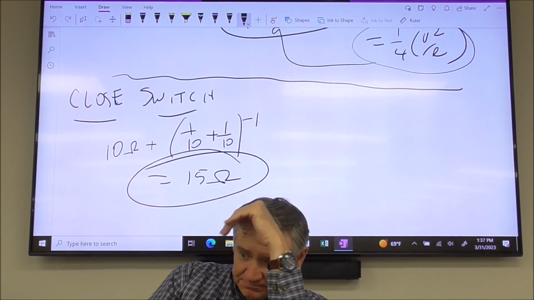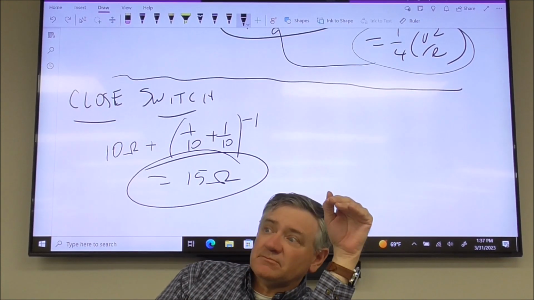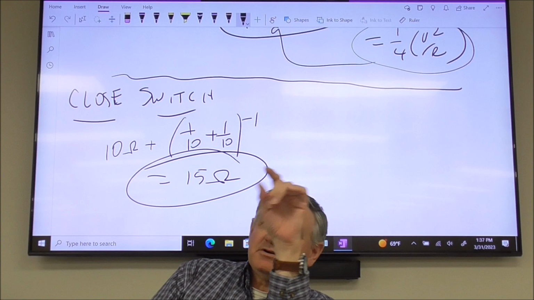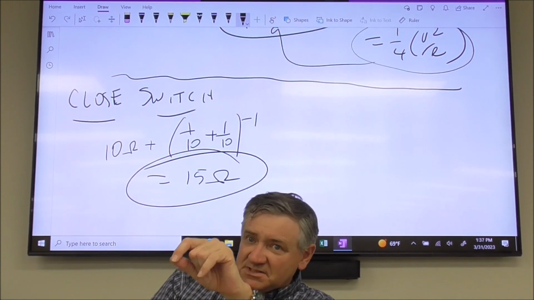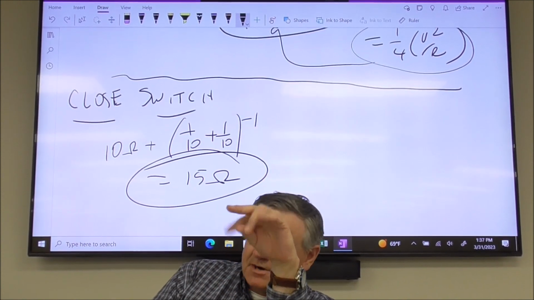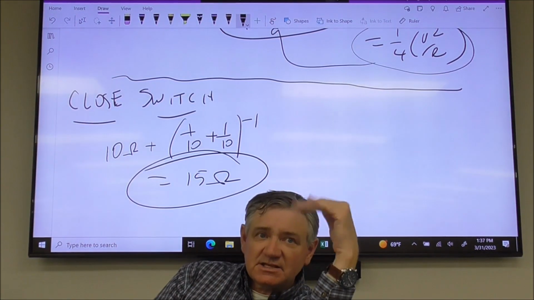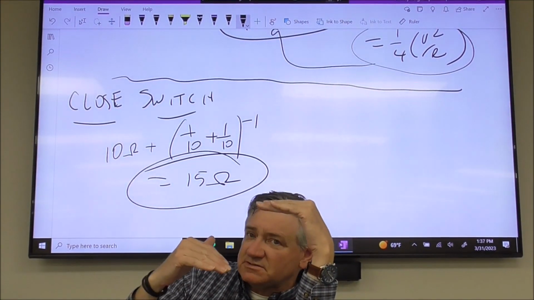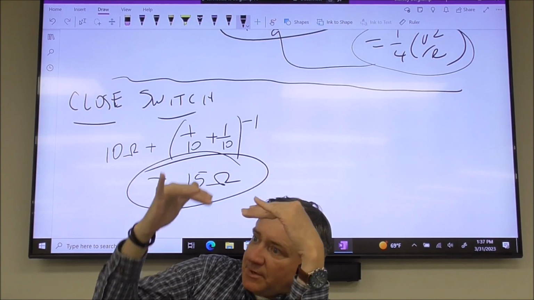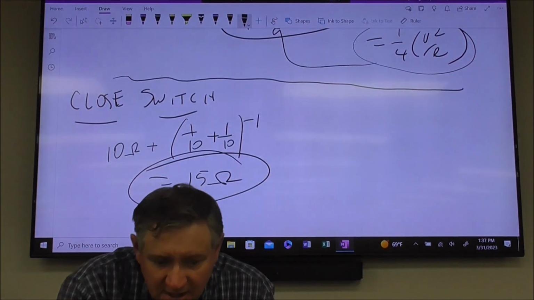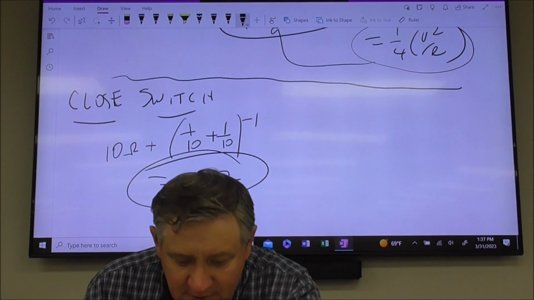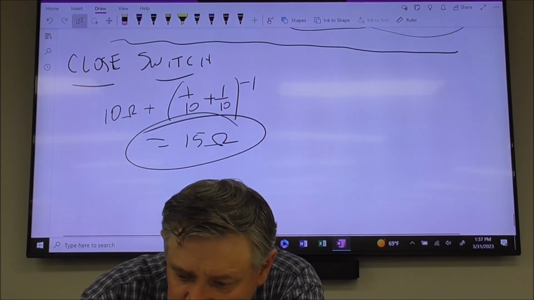Even though I have nothing but 10 ohm resistors, I can build a 15 ohm equivalent resistance by putting 2 in parallel and 1 in series. So that's the game you play with resistors in terms of how you add them in parallel or in series.